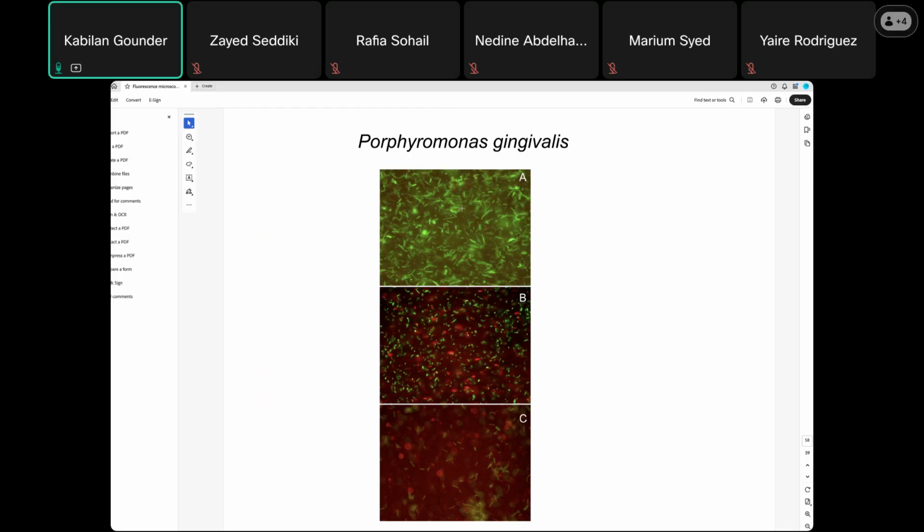You can see in control you have a lot of bacteria, whereas here the number of bacteria is reduced, and you can also see a lot of dead bacteria. Whereas here, the higher concentration of peptide kills most of the bacteria. So this is another way you can visually see how the bacteria are killed.